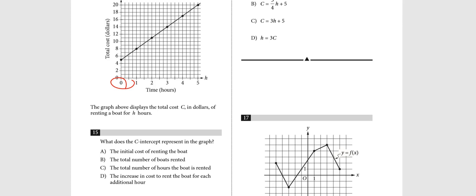What is that? Yes, sir? Everything that you rent is going to have an initial cost. A fixed cost. If you go rent a car, it's going to have a fixed cost and then a per mile fee on top of that.